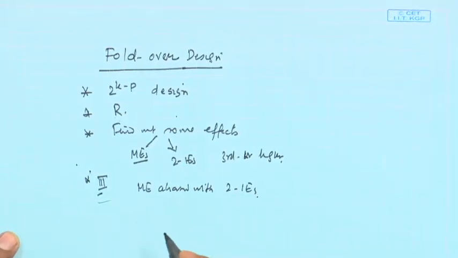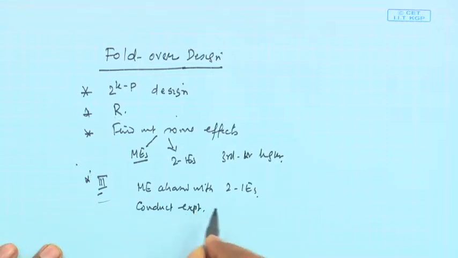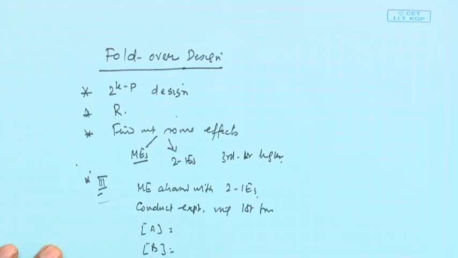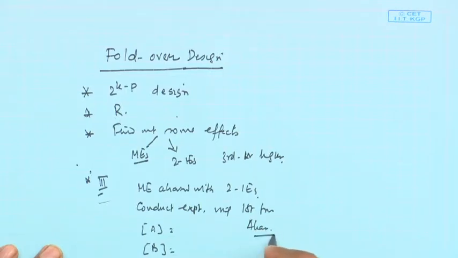After the first fraction, you conduct the experiment using the first fraction. So, you get some useful structure, and there are some useful values and some other alias structure also you will get.